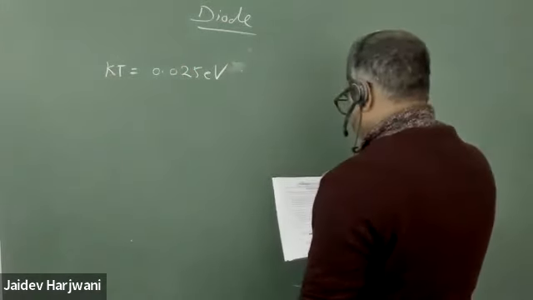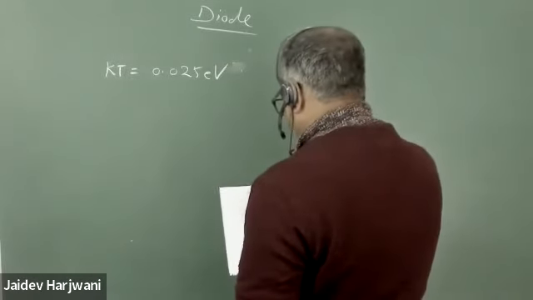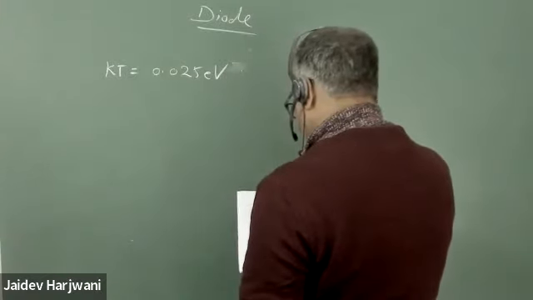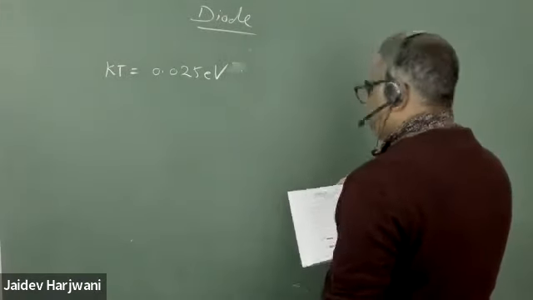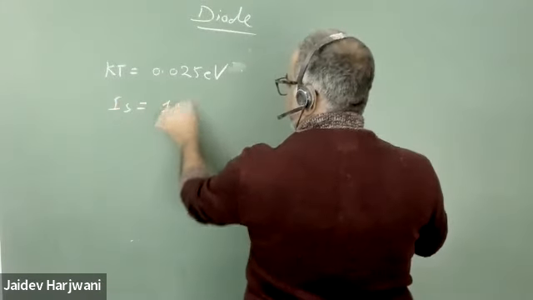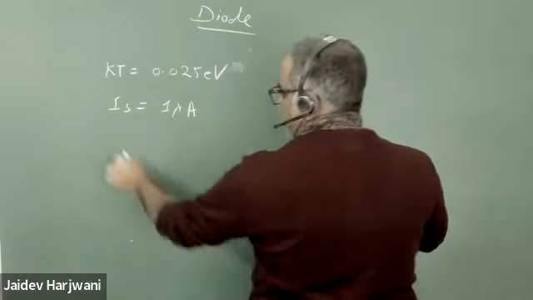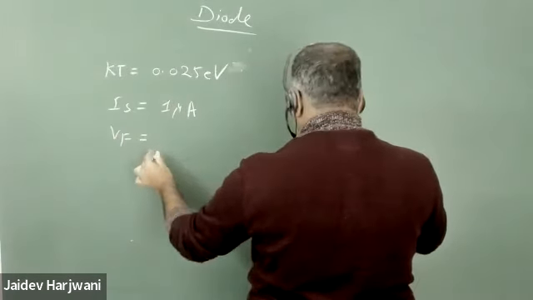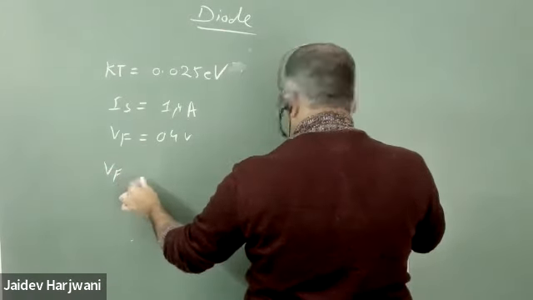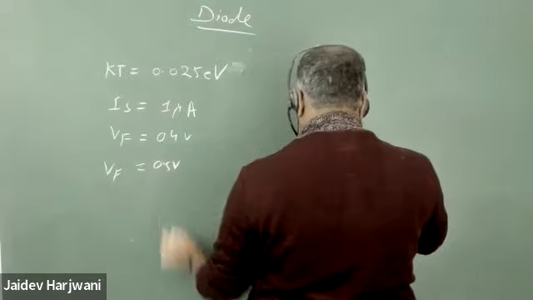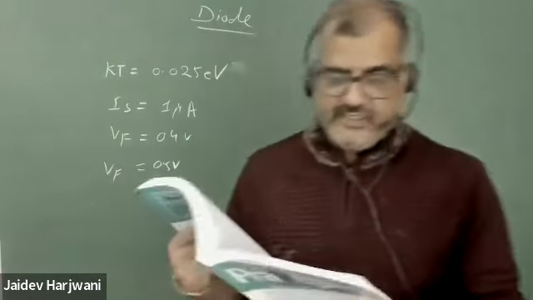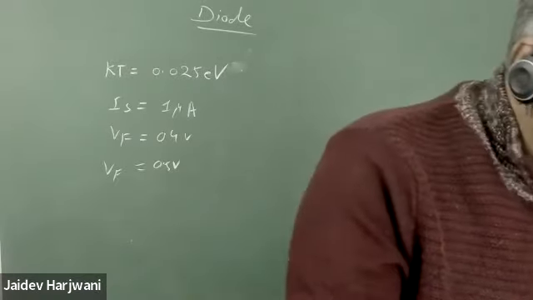With a current of 1 microampere, it has a forward bias voltage. So basically they have given you a reverse saturation current value as 1 microampere. Then they are applying forward voltage Vf equals 0.4 volt, and then Vf equals 0.5 volt. So they're asking the value of diode current.